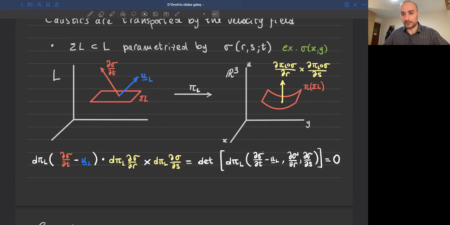And this is a matrix specified by its columns.